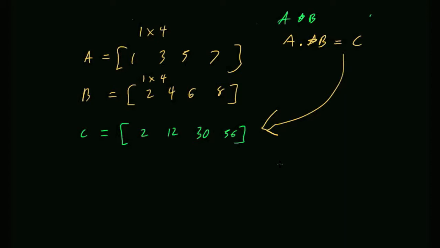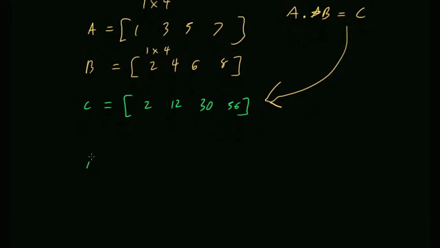What if you had transpose B? Well, it would not give you an error, but it wouldn't give you what you wanted. If I said A times B transpose, look at what would happen. A would be 1 by 4, and B transpose would be 4 by 1. So I could totally do that.